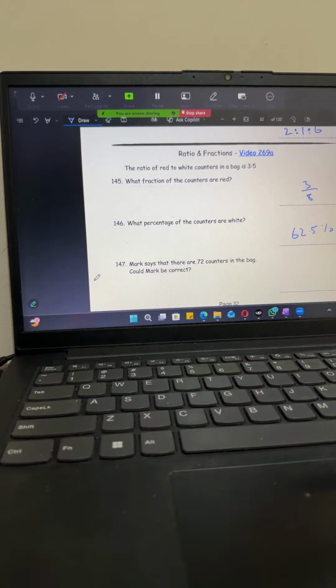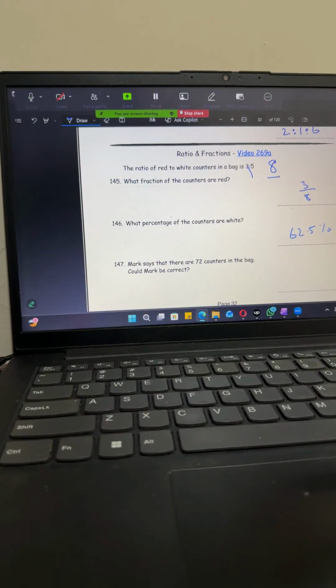I think first you're going to find out the parts. So there are 8 parts, right? If the parts divide this number completely, then Mark can be correct. Otherwise, if we get some kind of remainder, then he is wrong. Are you getting it?